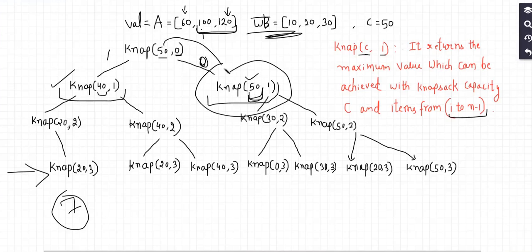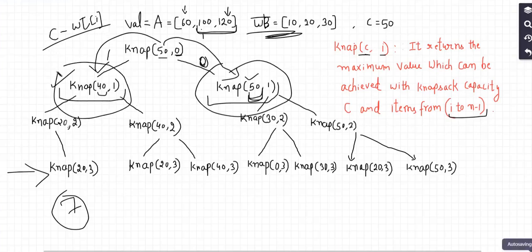I pass the capacity as it is. Here I am decrementing the capacity by the weight of the item. So let's say the capacity is C and the weight of the item is weight I, and then I take the maximum of the values returned by these two calls.